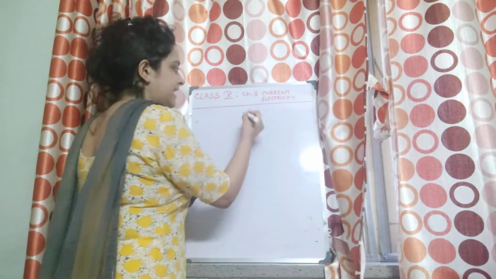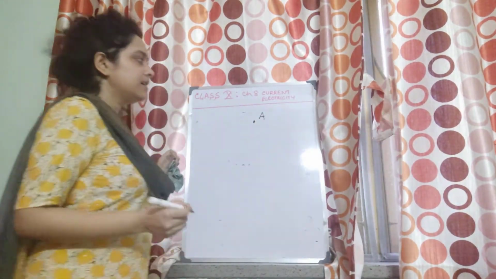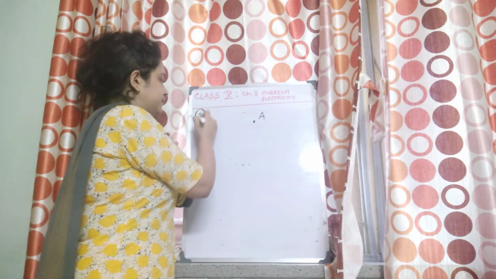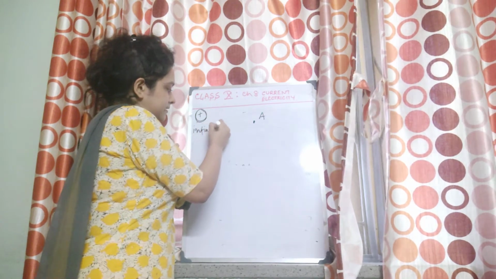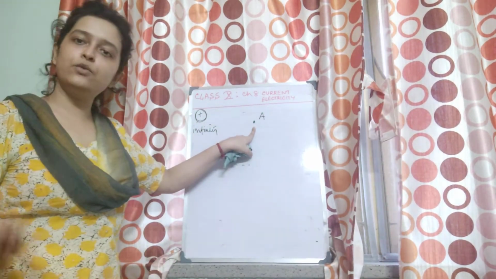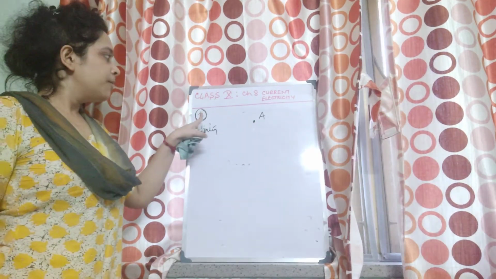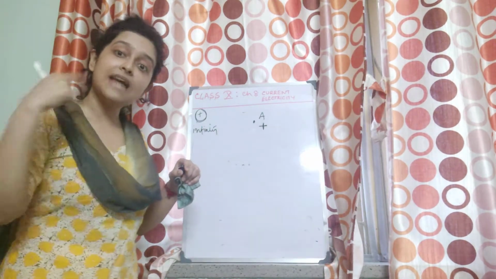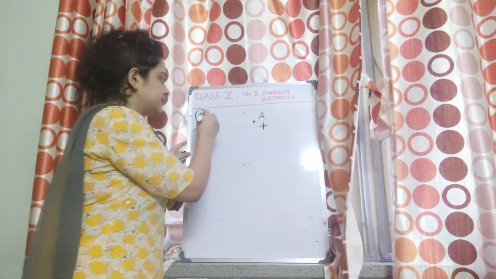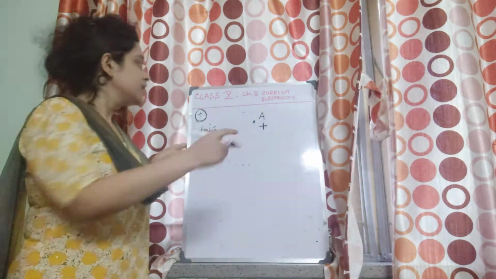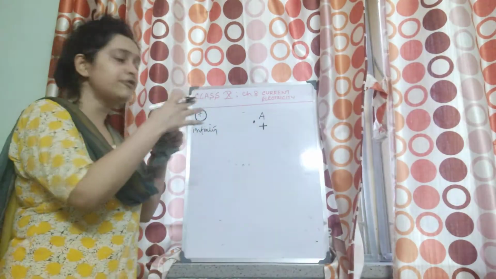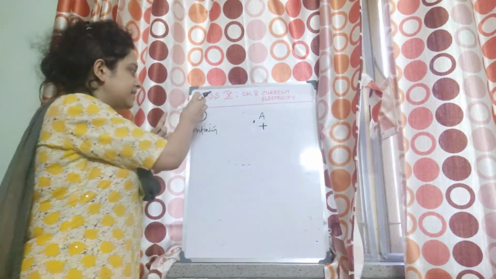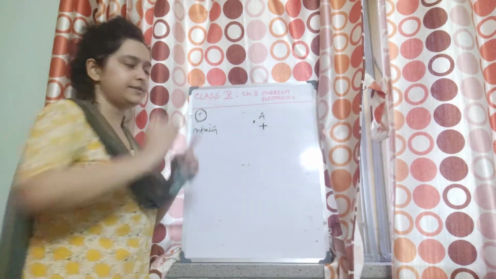This is the definition: potential at a point A is the work done in bringing a positive test charge from infinity to this point where we want to measure the potential. If here you have a positive charge, then the work will be done by you, because you are doing some work in overcoming the force of repulsion in bringing the test charge from infinity to this point.